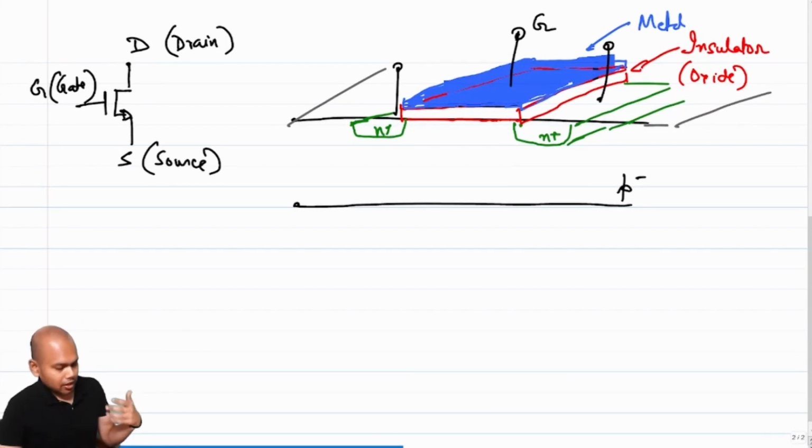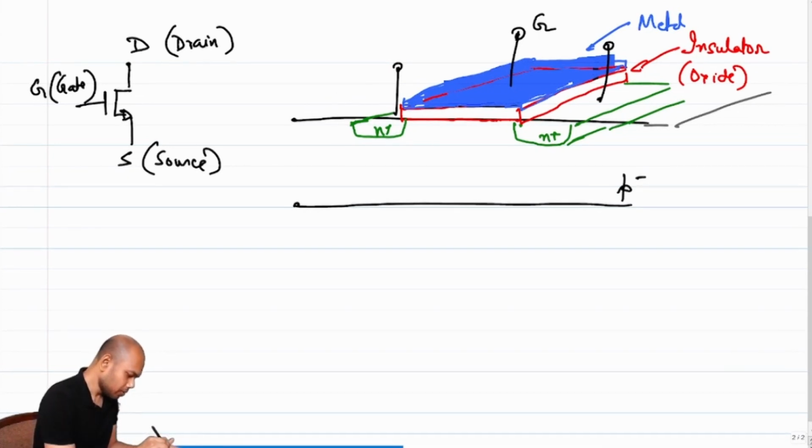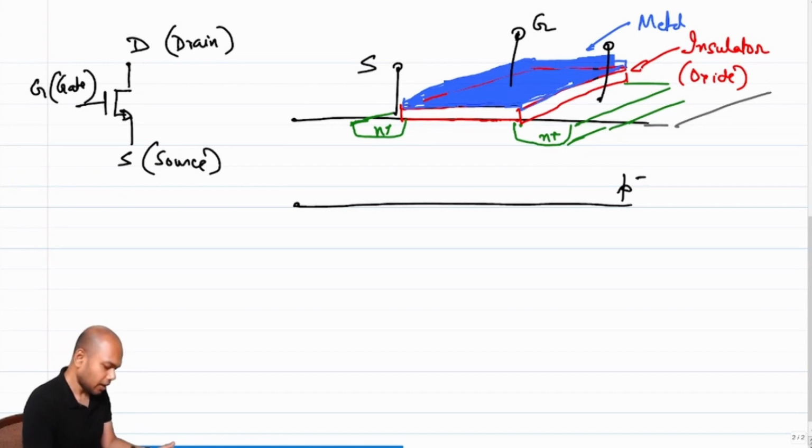In order to understand that, we first need to understand how the carriers are getting generated and how they are flowing. So now let's pick a side, and we say that we call the left hand terminal the source, right? And let's say we put a battery.